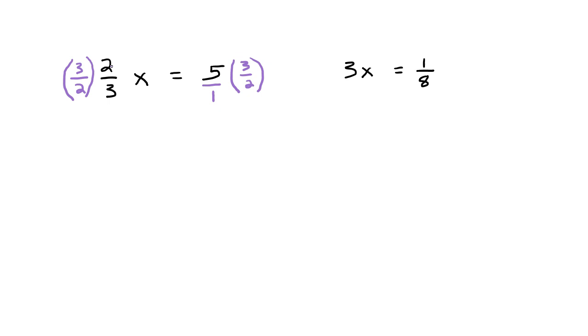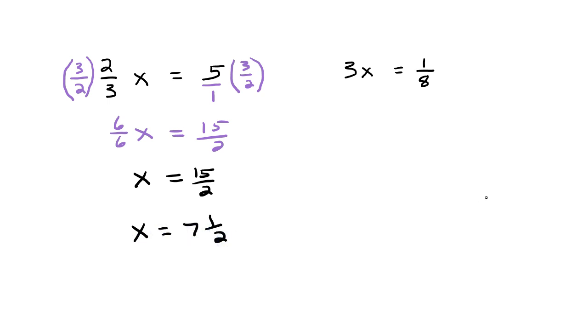So on the left side, I get 6 over 6 x equals 15 over 2. Now we know that 6 over 6 is 1, so my final answer is 1x equals 15/2. If you would rather write it as 7.5, you're welcome to do that, as long as it's simplified.